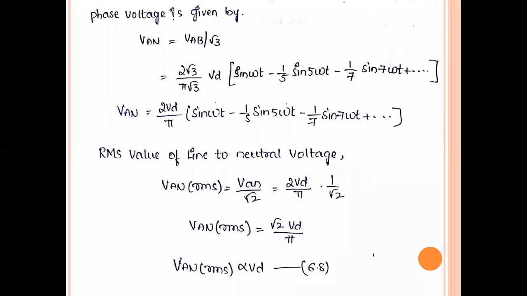So from equation 6.8, the variable RMS value can be given to the stator of the induction motor by simply varying this DC input voltage, because this value is directly proportional to the DC input voltage, which is VDC, or we can say Vd. Okay, this is how we can control the stator voltage of the induction motor.